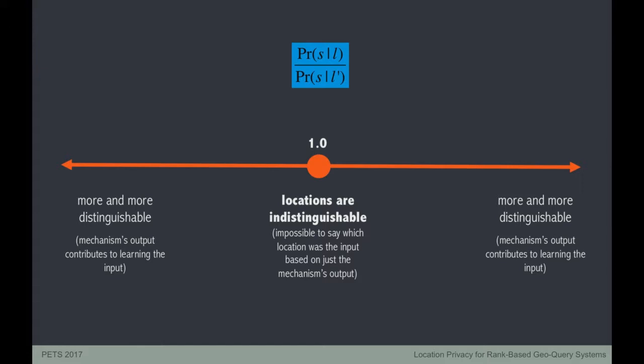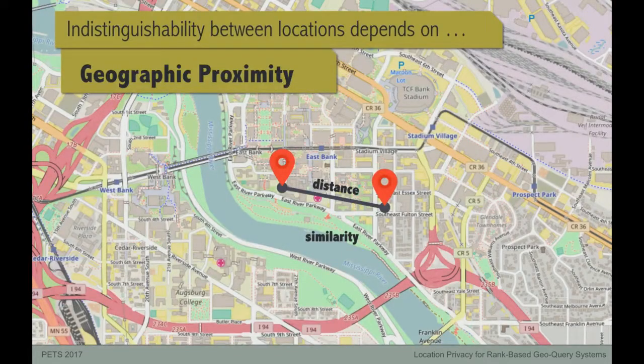Okay? So then as privacy mechanisms, what you can try to do is you can say, okay, I'm not going to allow this ratio to just go on and on forever on either side. I'm going to bound it to some limit. Okay? So on either side, we're going to say that the ratio is always going to be between those 2 points. Okay? Now, you can bound it to some fixed value. Or as Geo Indistinguishability does, they say, okay, let's bound it based on some property of the two locations.